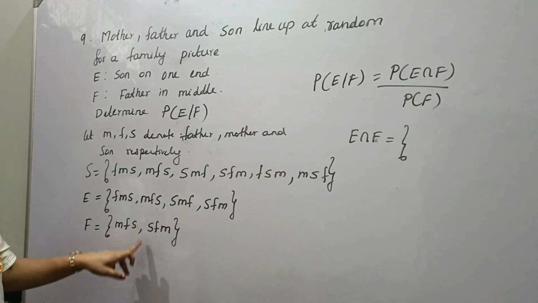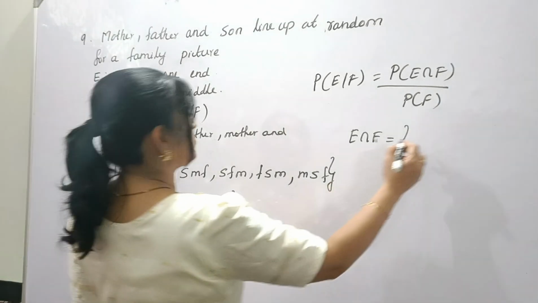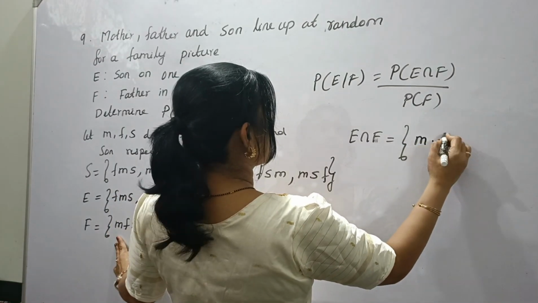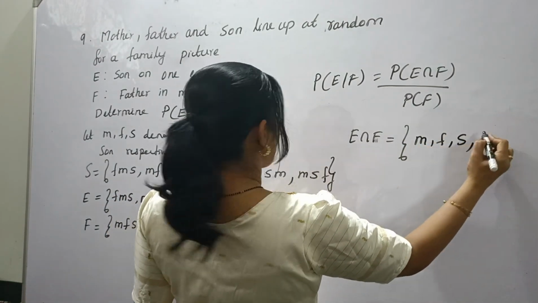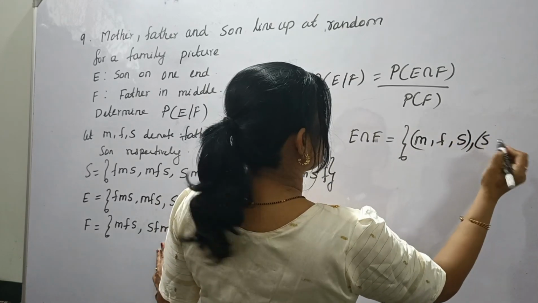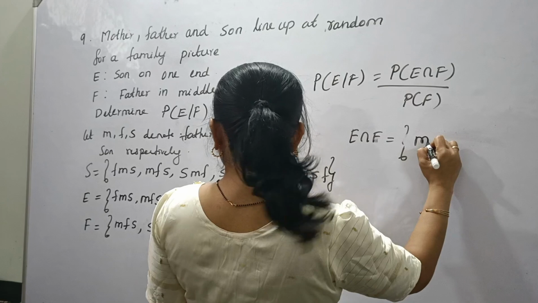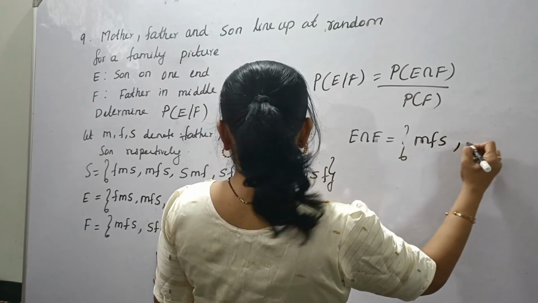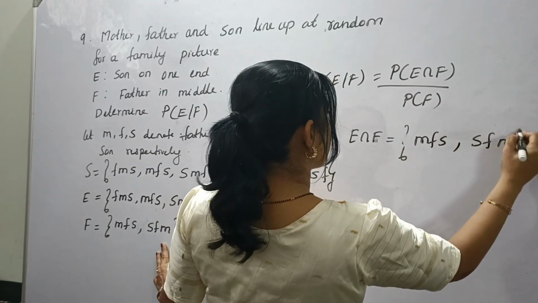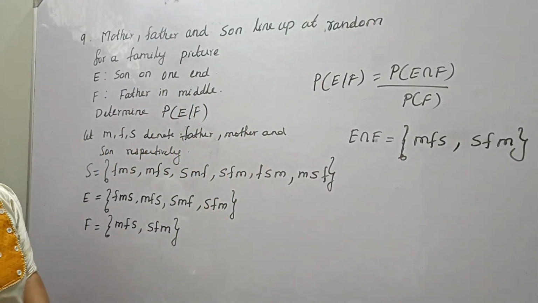M, F, S and S, F, M. These are the elements of E intersection F.